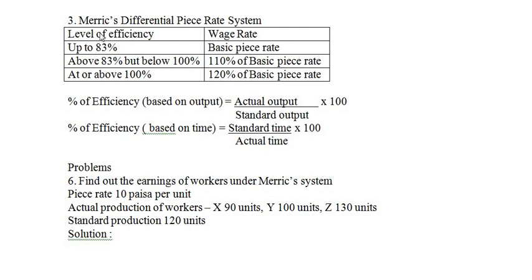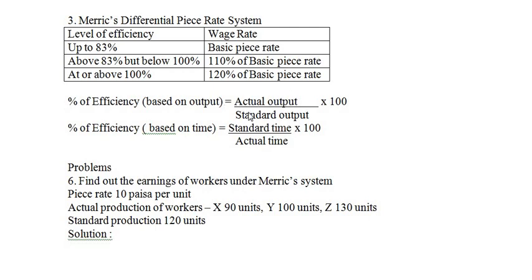Here is the chart which gives you the efficiency level and at what rate they are paid. Up to 83% of efficiency, the basic piece rate will be given. Above 83% but below 100%, 110% of the basic piece rate will be given. At or above 100%, 120% of the basic piece rate will be given.